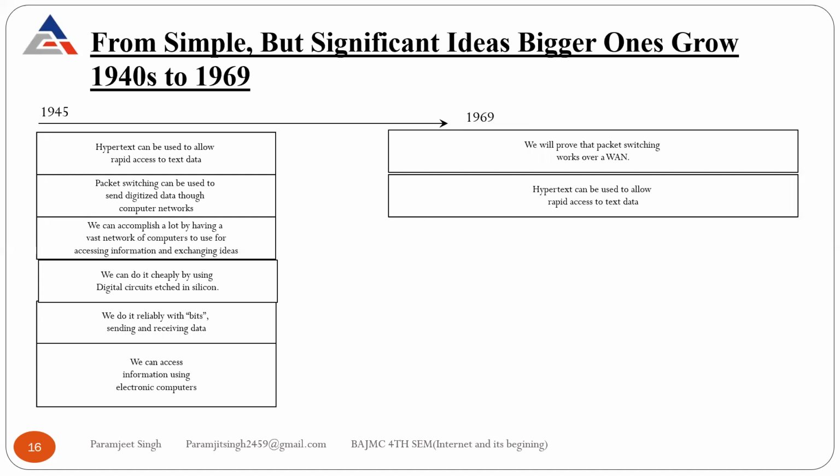With packet switching, we can send digitalized data through computer networks. And with hypertext, which gives rapid access to text data, we proved that packet switching works on the WAN. This is all from 1945 to 1969, from where the bigger ideas go.